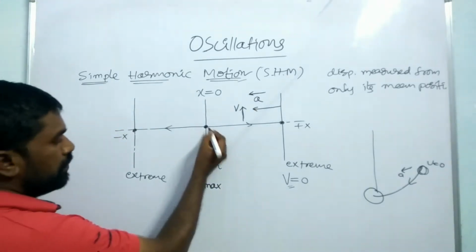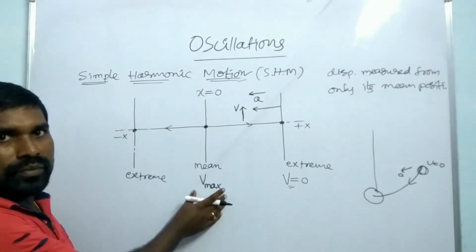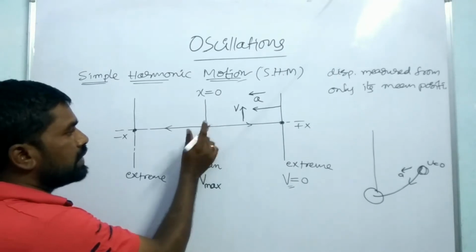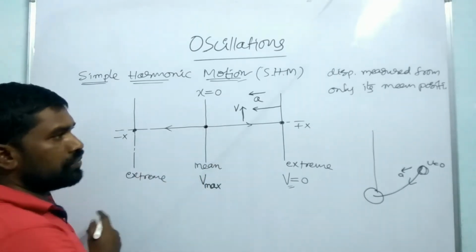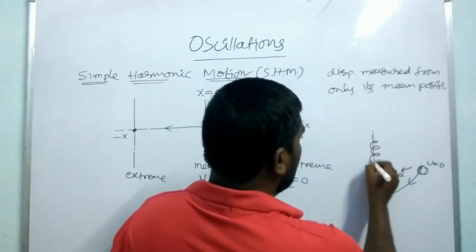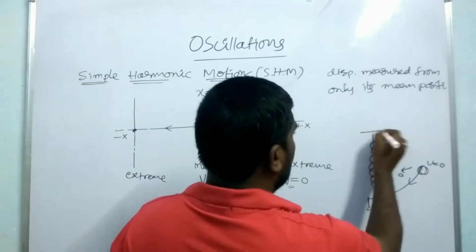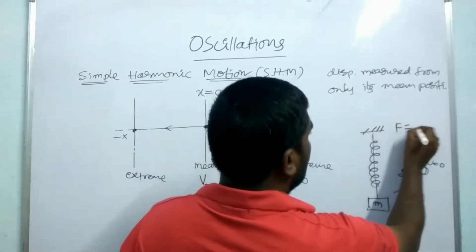And it reaches the mean position. At the mean position V is maximum. And what is the net force acting at the mean position? Take a spring of loaded mass M, then F is equal to minus kx.